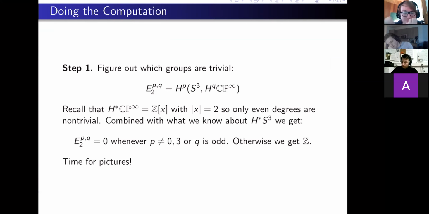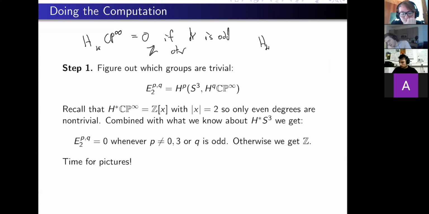So recall that H_k of CP infinity is going to be 0 if k is odd and Z otherwise. And then H_k of S3 is going to be 0 unless k is equal to 0 or 3, in which case it's Z.